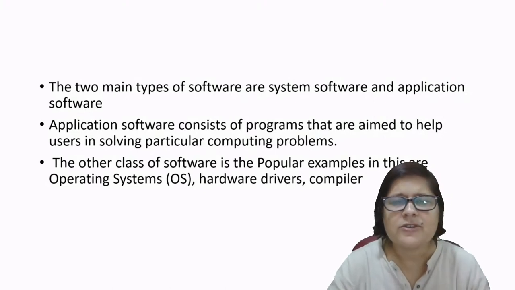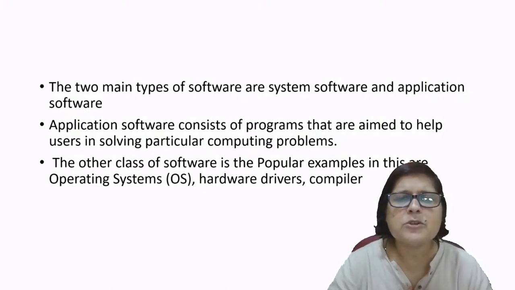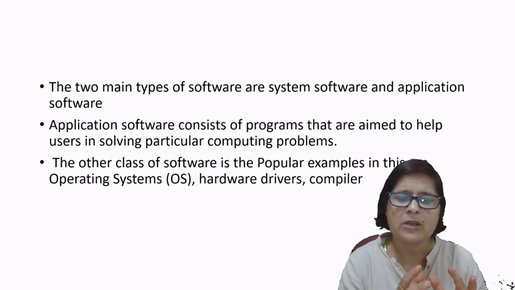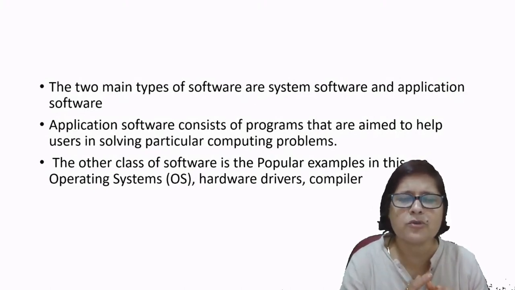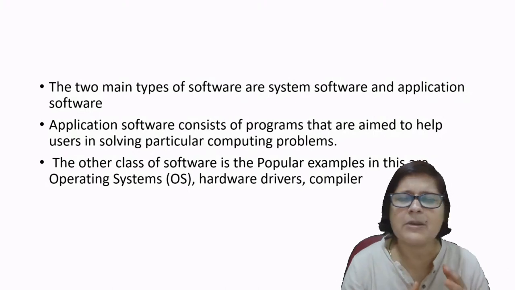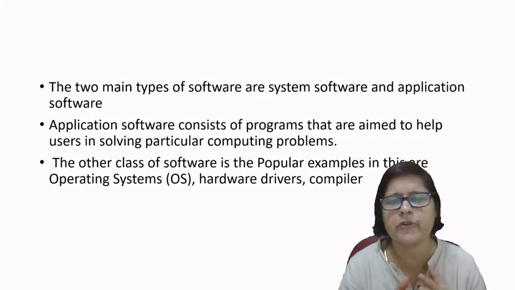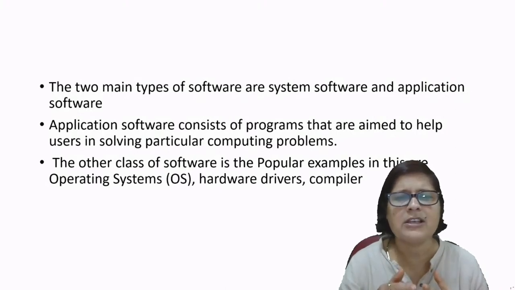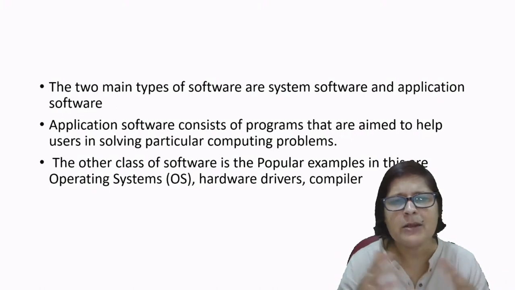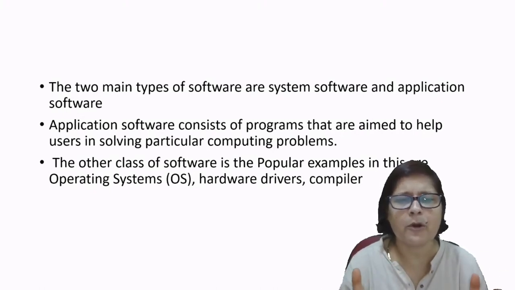Application software consists of the programs that are aimed to help the user in solving a particular computing problem, like MS Office is an application program, Adobe Photoshop is an application program, right? All these are application programs because they help the user to solve a particular computation problem.